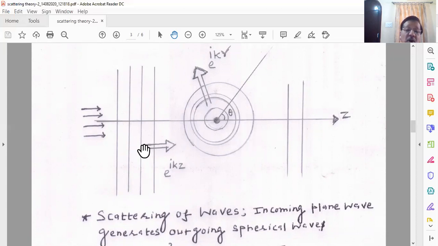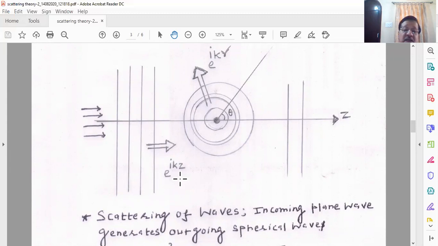We will take one numerical problem where we write down that the beam of incident particles, as I said, when moving along the Z direction, is treated as a plane wave. The expression of that wave turns out to be the plane wave expression e to the power of i k z.